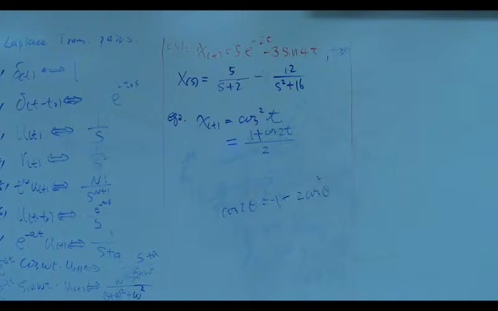It's called double angle. Cosine of double angle, 2 cosine squared minus 1, right?